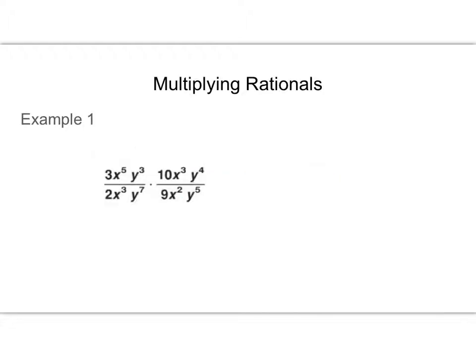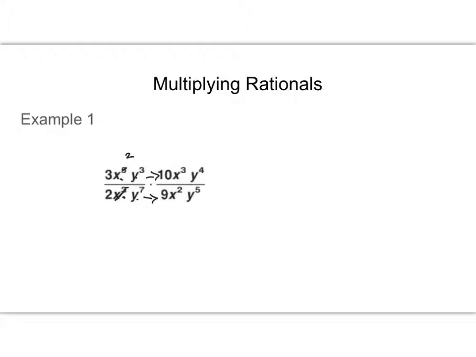So multiplying rationals, very simple. Just like multiplying fractions, you multiply across the top, well, they are fractions, and you multiply across the denominator. Before I do that, though, and combine everything, I'm going to look to see what I can cancel out. If you look here, I have 5 x's in the top and 3 in the bottom. Well, those are going to cancel out, and I'm left with only 2 up here.